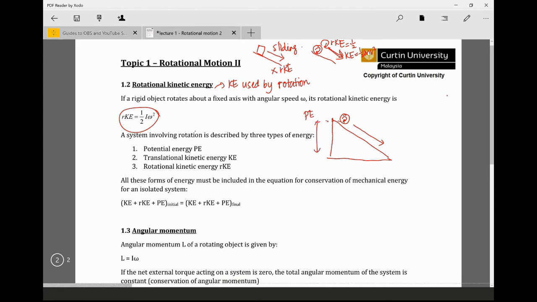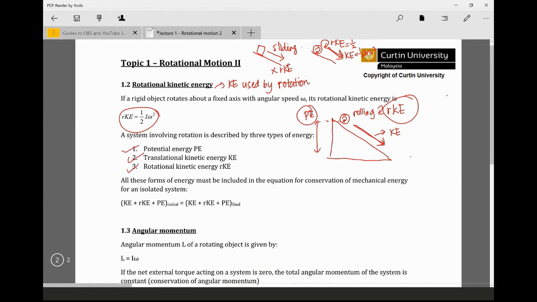As it is rolling down, rolling here, that tells you it has rotational kinetic energy, right? And since the ball is going on a linear motion in this direction, here you have another kinetic energy. So if we combine all this energy, we will have a total of potential energy plus translational kinetic energy plus rotational kinetic energy at this particular point.